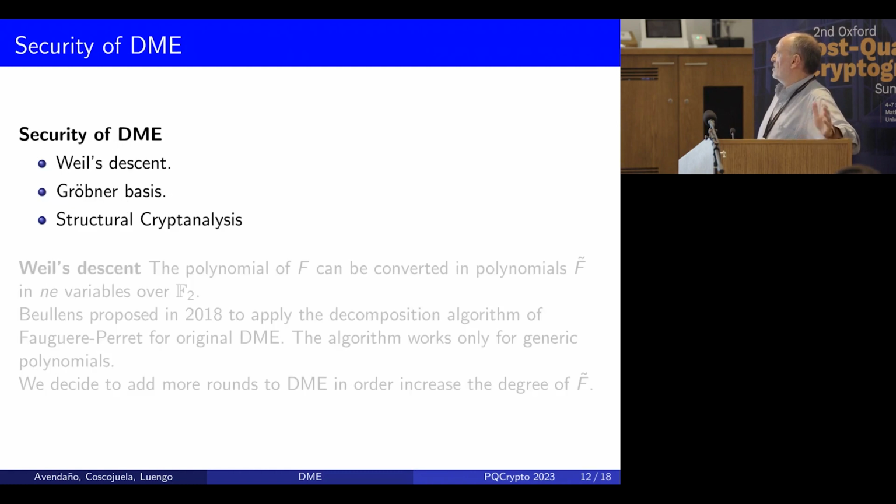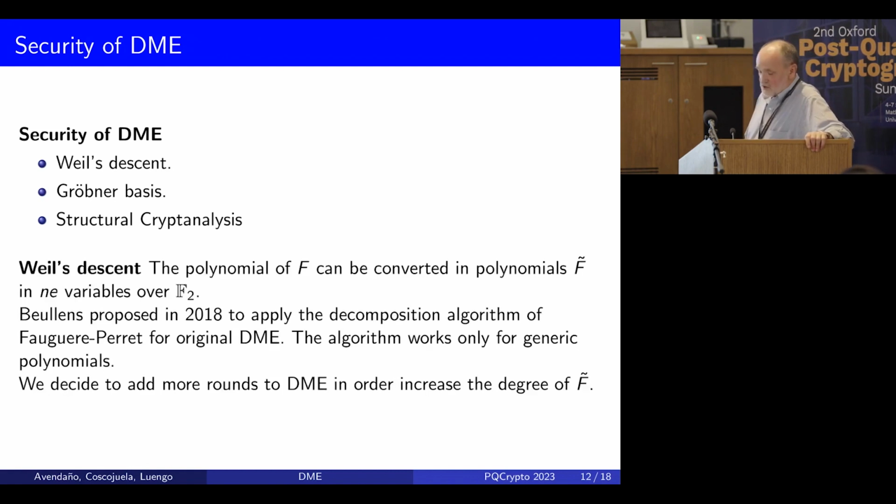All right, we will talk a little about security. Our main concern, or principal kinds of possible attack, first is the well-designed Gröbner basis attack and structural cryptanalysis. Well-designed means that we take the polynomial over FQ and convert it into polynomials over F2.